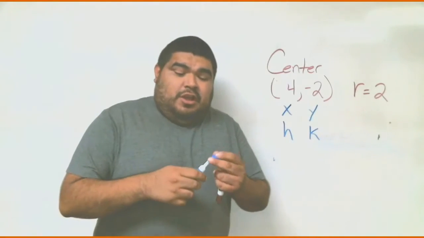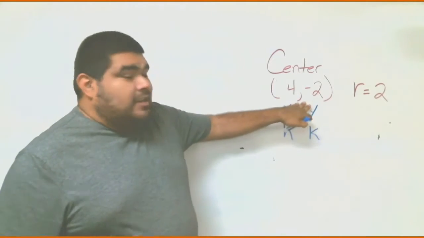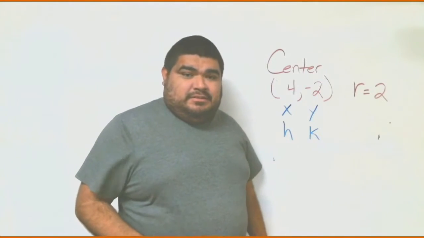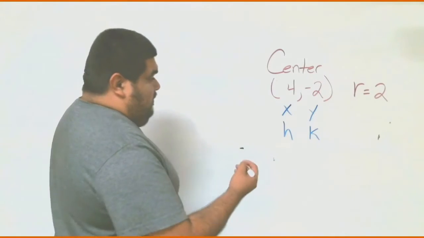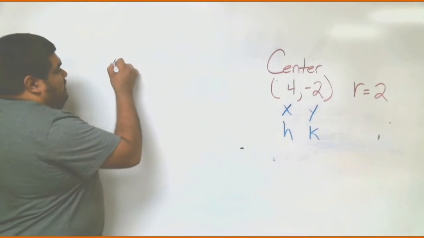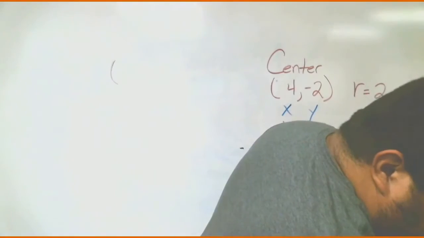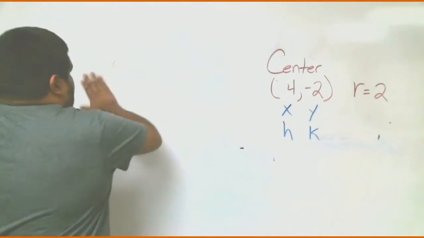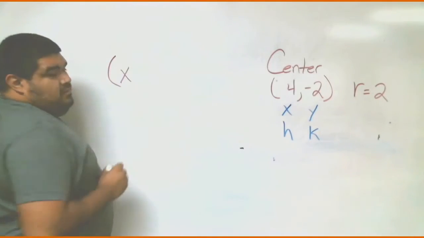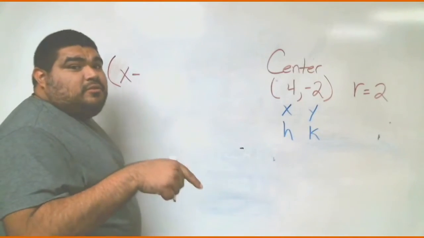Okay? So, now that we have h and k, we can plug it into the equation. So the equation for this circle is parentheses, pretty bad marker. Let's try another marker here. It's x minus, remember, the equation goes h, right?